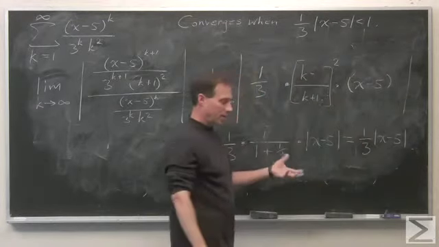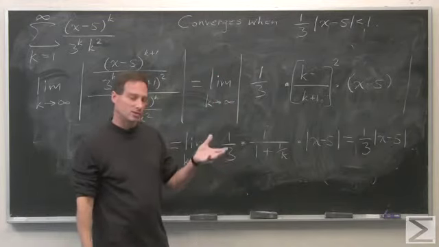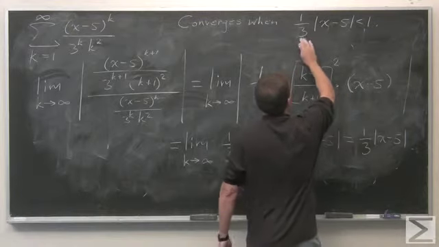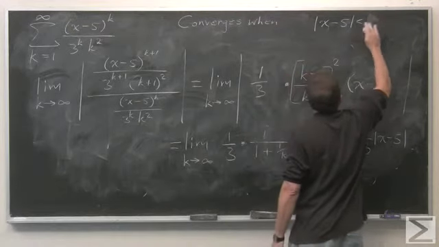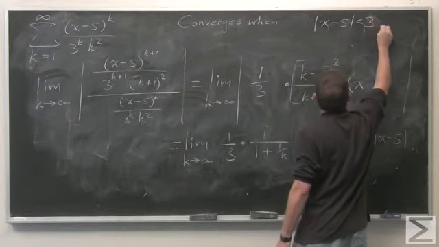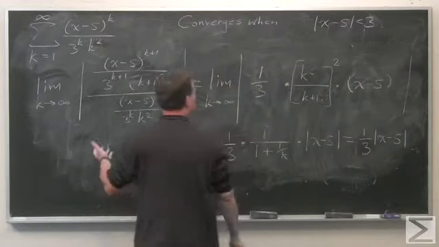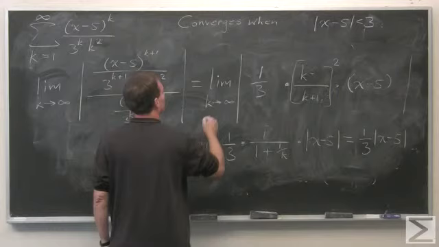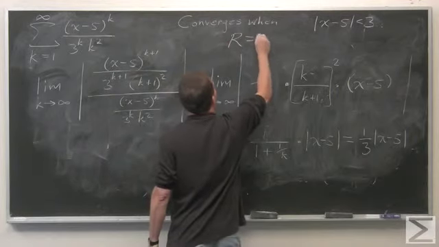But you want to write that as the absolute value of x minus the center is less than some radius, some number. Multiply by 3. And what this tells you, and it'll diverge when the absolute value of x minus 5 is greater than 3, this tells us the radius of convergence is 3.